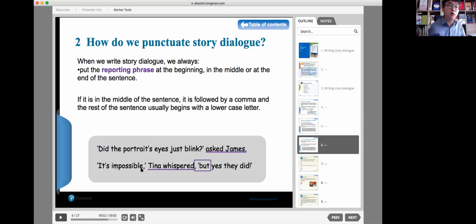If it is in the middle of the sentence, it's followed by a comma, and the rest of the sentence usually begins with a lowercase letter. After Tina whispered, we have a comma, and the next part begins with a lowercase letter b. And remember to start a new line for a new speaker, a new paragraph.